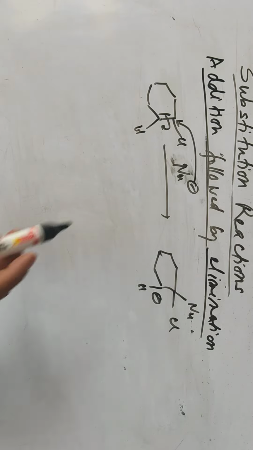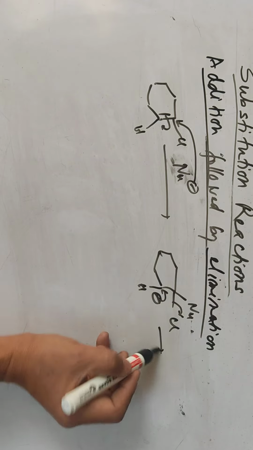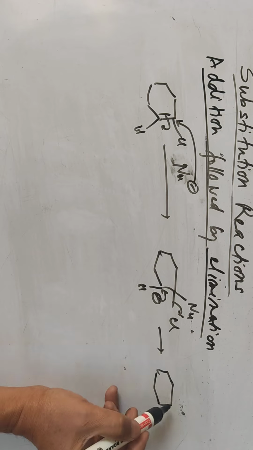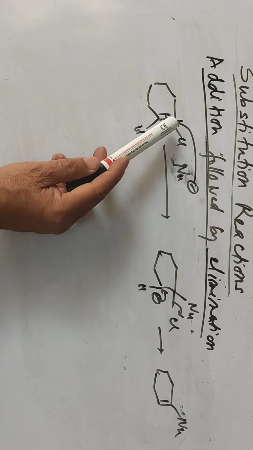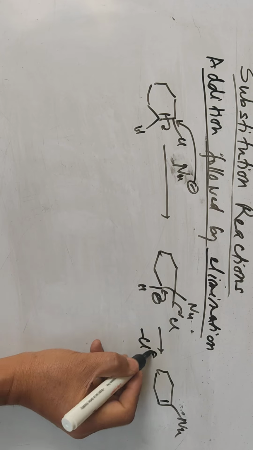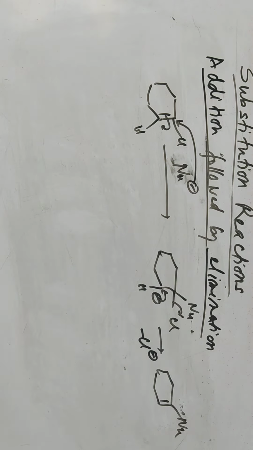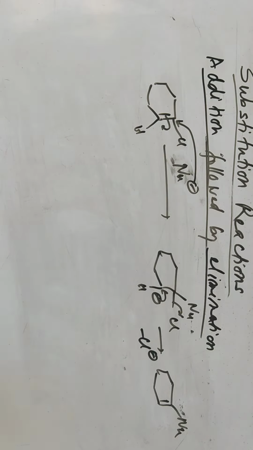So addition, then followed by elimination. This is a general example. First addition by the nucleophile, then the chloride is lost as the leaving group. This nucleophile substitutes the chloride, so it is another example of nucleophilic substitution reaction. These are about addition followed by elimination.